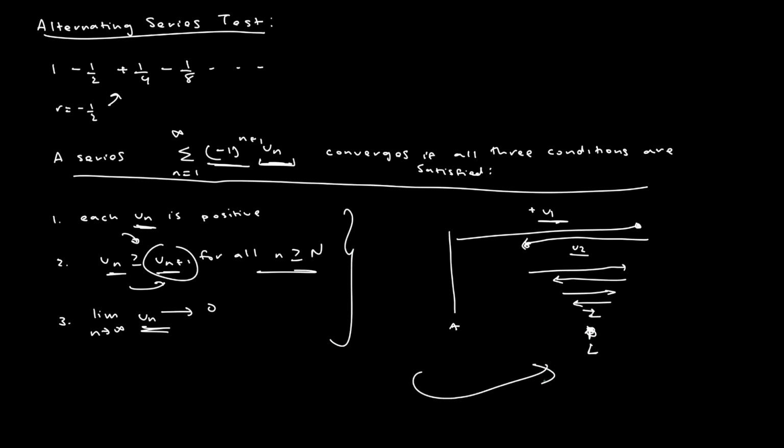And if you remember the discussion about conditional convergence and absolute convergence, we can see that an alternating series is an example of a series that can be conditionally convergent, but not absolutely convergent. Because let's say we have the alternating harmonic series, which is just (-1)^(n+1) divided by n.